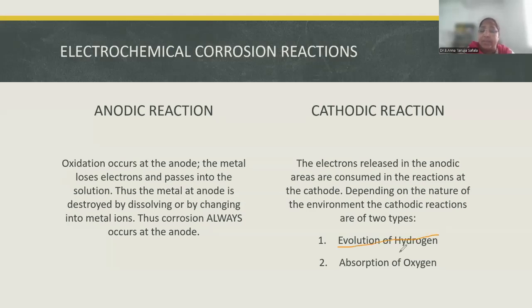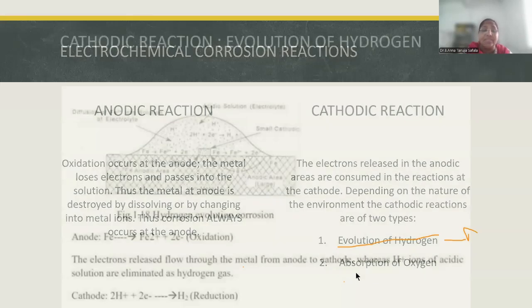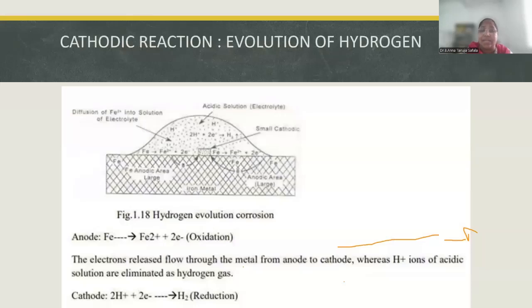If the metal is in contact with a basic or a neutral medium, the reaction mechanism will proceed through the absorption of oxygen. So let me see the cathodic reaction mechanism through the evolution of hydrogen.